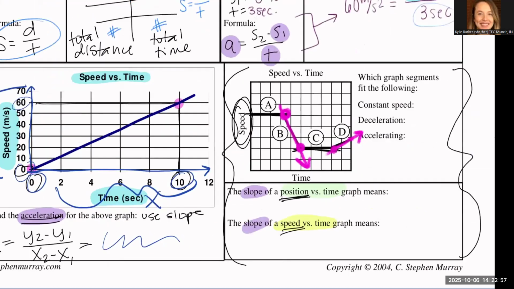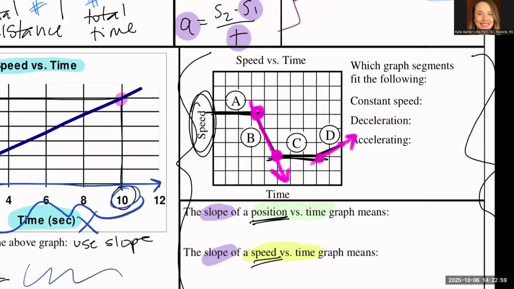And then lastly, we've got a graph that has some more steep and more gradual lines, also like we saw yesterday. And they mean some different things. So they want us to look and choose A, B, C, or D for each line segment. Which one is a constant speed?